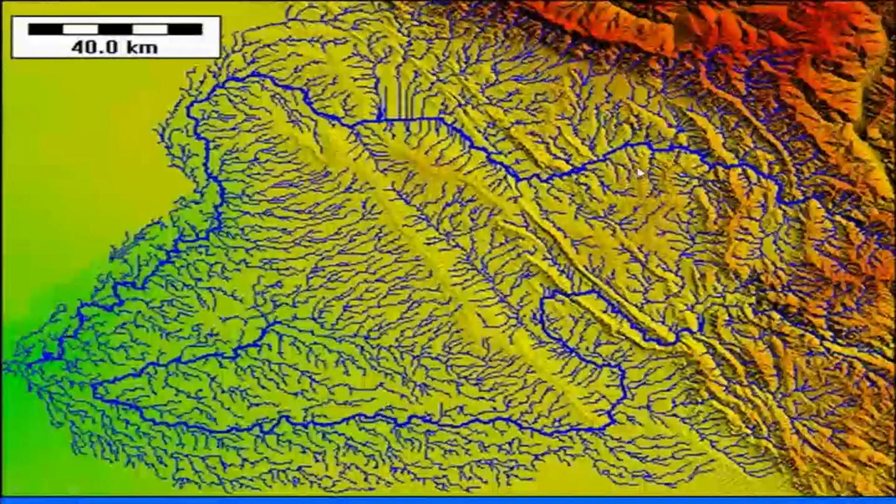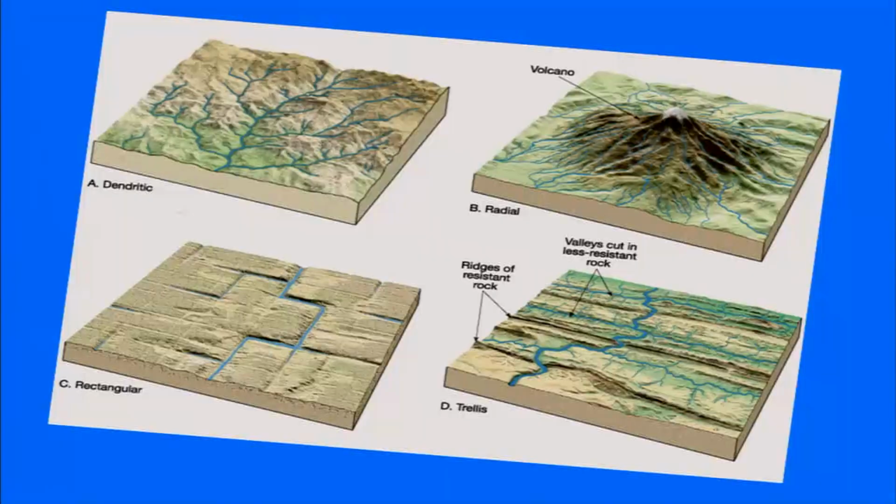So even the geology and the geological structures which are present beneath, in the subsurface, based on that the drainage pattern will form. So the most commonly found drainages are dendritic drainage, then you have radial drainage, rectangular drainage, and trellis drainage. And how they are classified we can see easily. This is monotonous homogeneous geology.